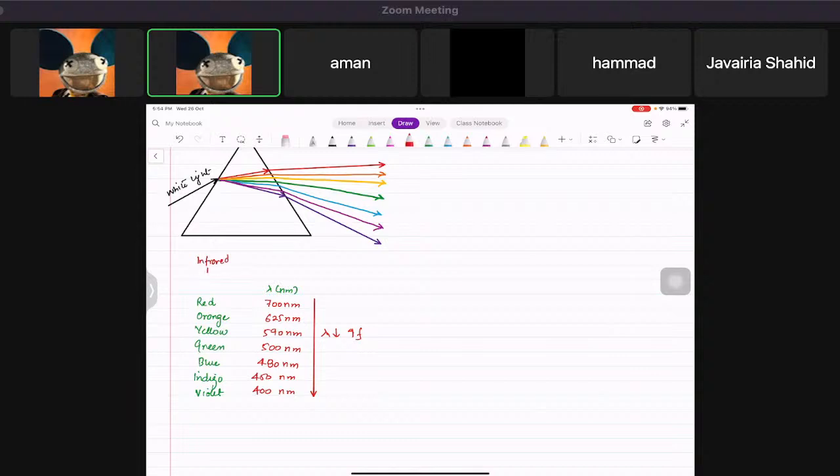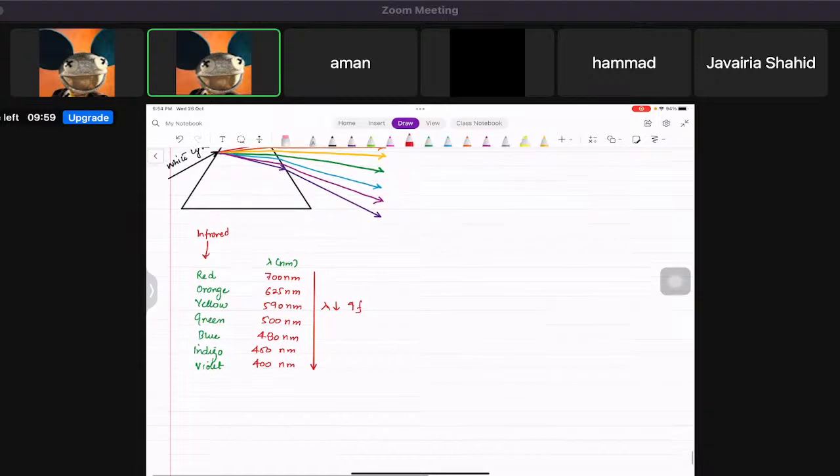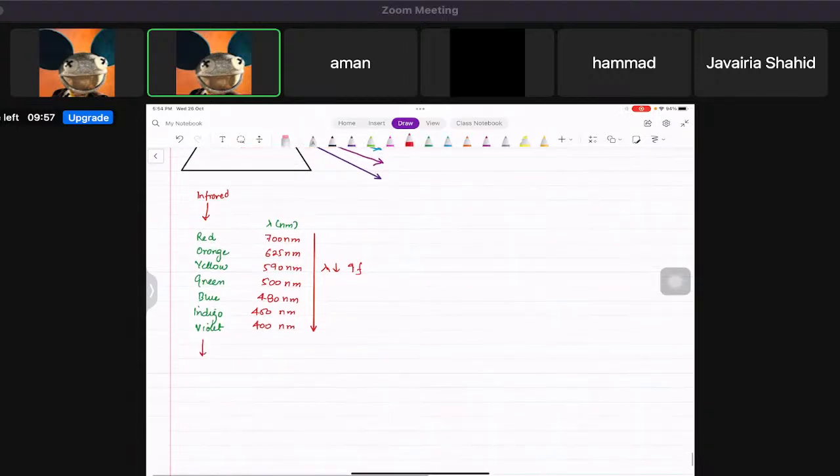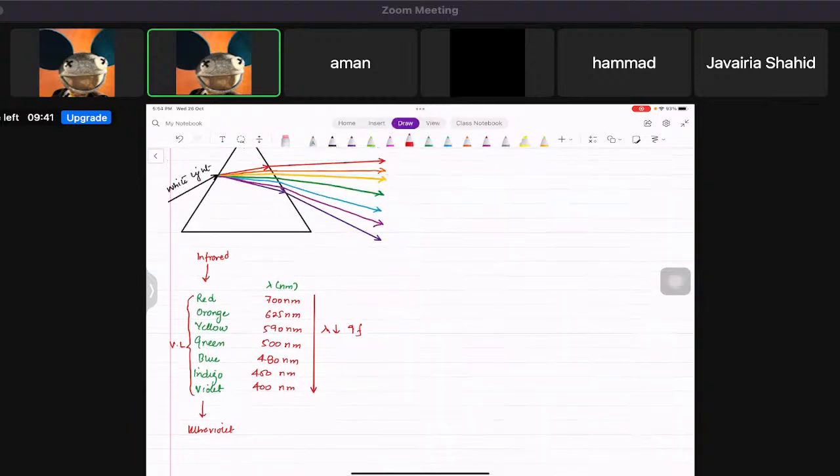Infrared means that it is inferior to red, and after violet it is ultraviolet, like that. All of them together constitute visible light. Is it clear, everybody? Yes. Okay, that's good. You can write this down, please.